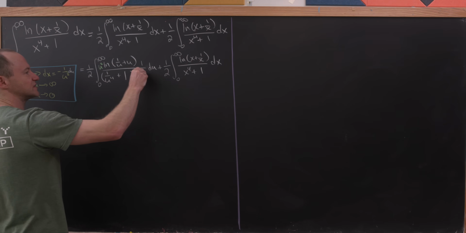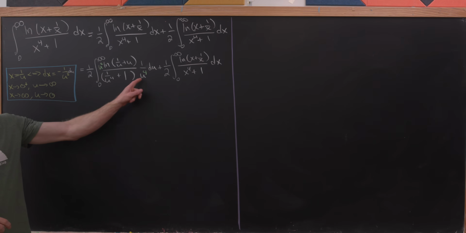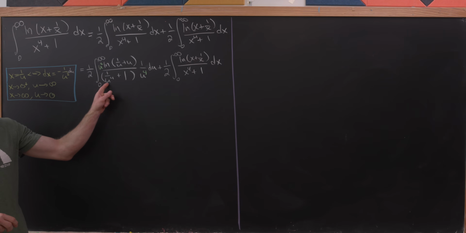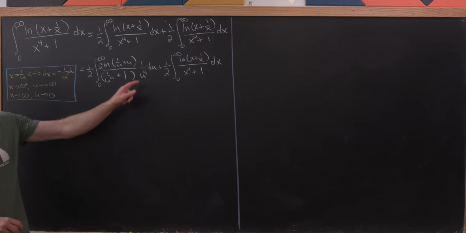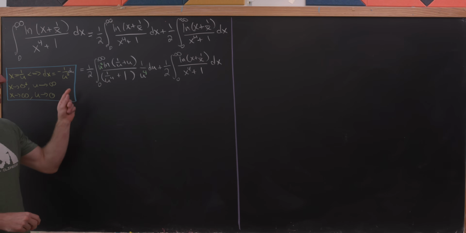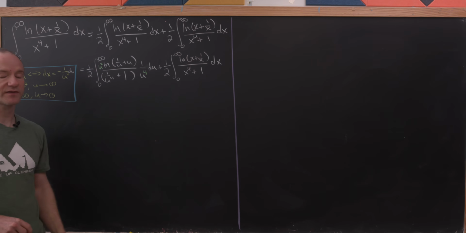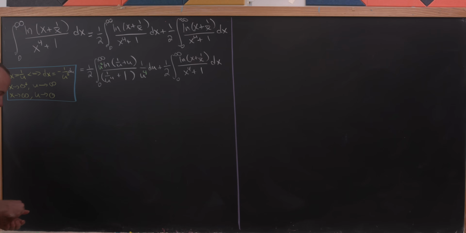But that's going to change this u squared to a u to the fourth. But now if I distribute this u to the fourth through to these two terms, that means that I've got a u to the fourth plus 1 again. But then I can make a dummy change of variables just from u back to x and recombine it with this right-hand integral, given that my denominators are the same.